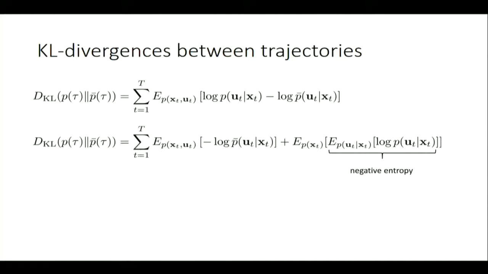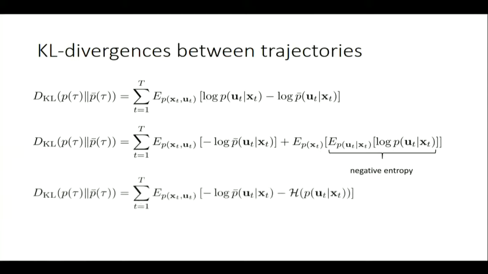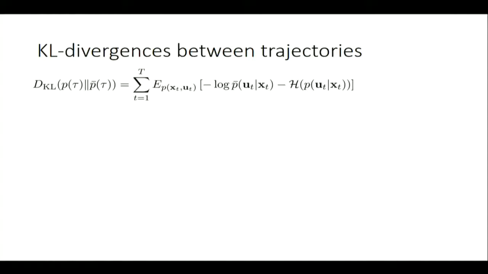That's just the definition of entropy: the expectation under p of u given x of log p of u given x. So now we just have the expectation under p of x comma u of the negative log of p bar, minus the entropy of that controller. The p bar term doesn't depend at all on the new controller in any way. It's just some cost, and this is its entropy. So that's the equation we came up with.